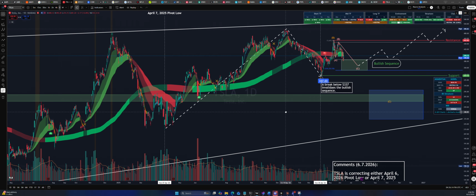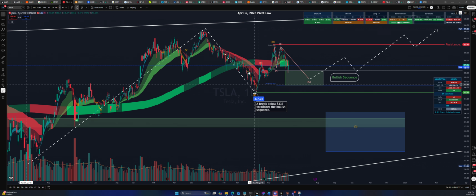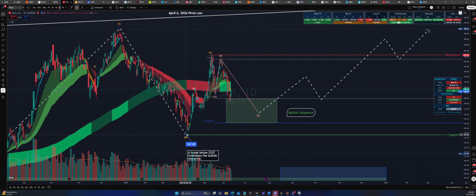This was the first upside, and Tesla is now correcting this pivot low from the bottom here. That is the correction for more upside.